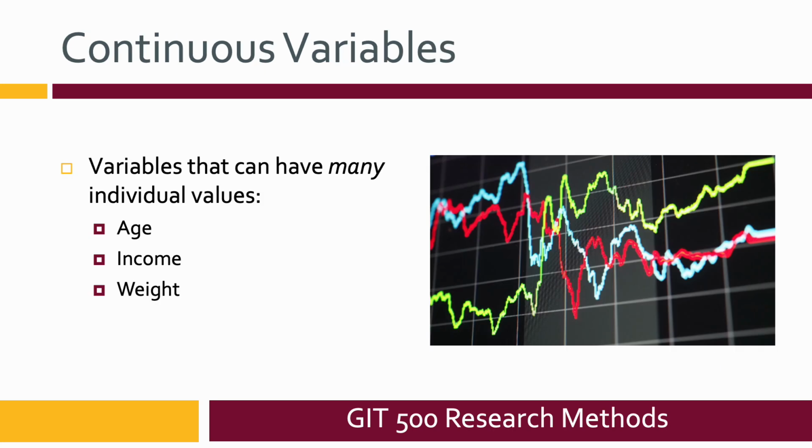Continuous variables are variables that can have a whole lot of different individual values, such as age, income, weight, address, things that can just have lots of different values because we can have people who are of age, under 1 to over 100, right? And there could be many different values within 50 people that we're getting data from, right? Same with income and weight.